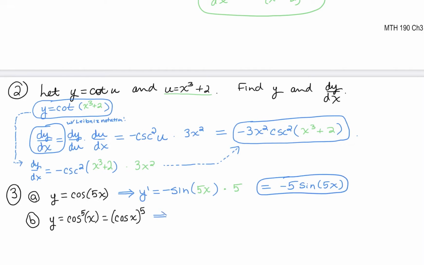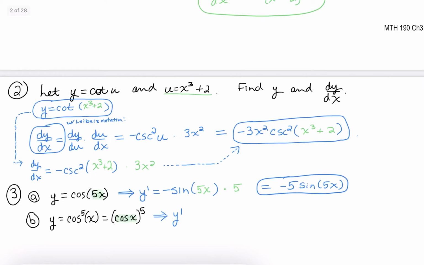My inside function this time is the trig function, the cosine. In the last couple of examples, here's my inside function, 5x. In this example though, it's the whole cosine of x that is inside of the fifth power function.